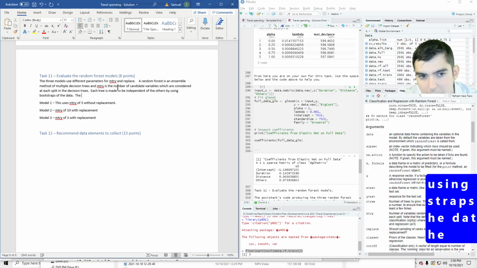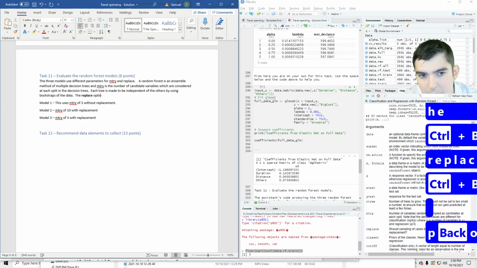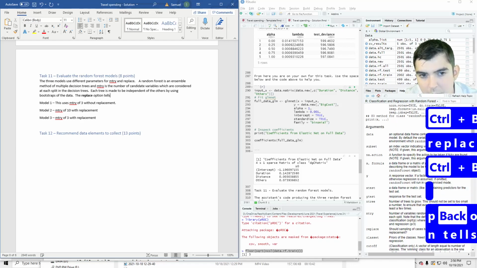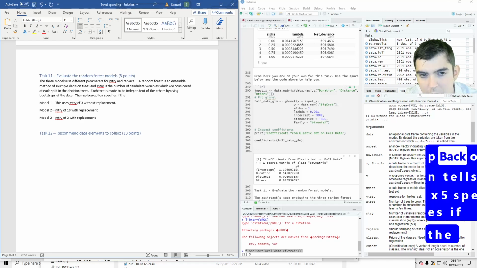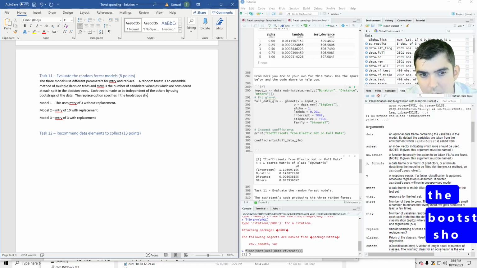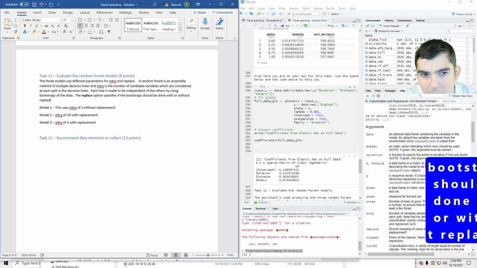The replace option specifies if the bootstraps should be done with or without replacement.